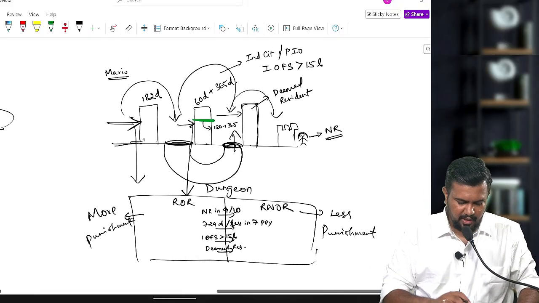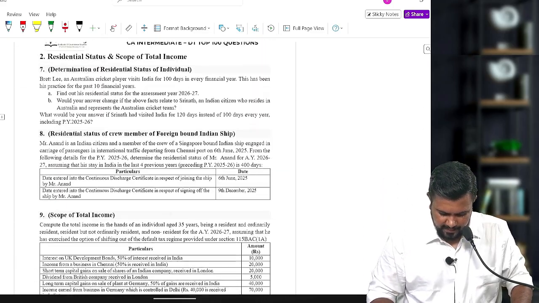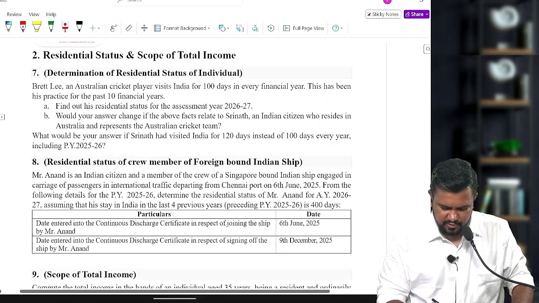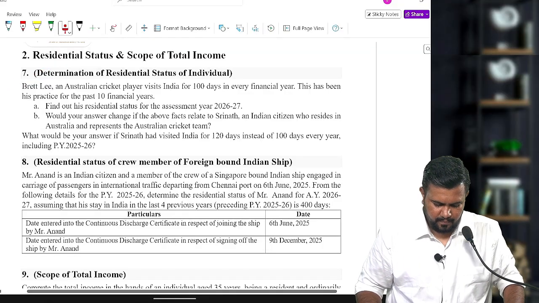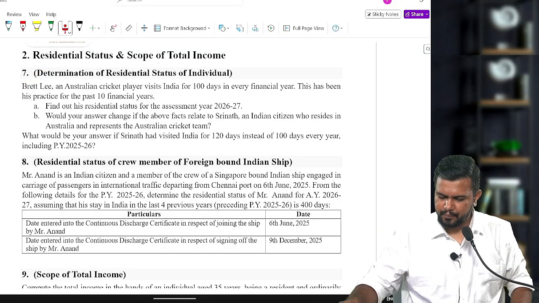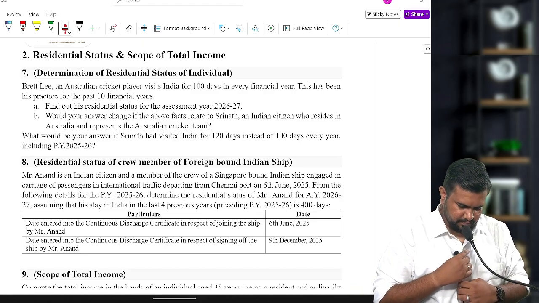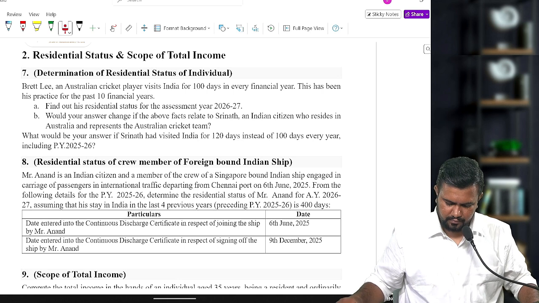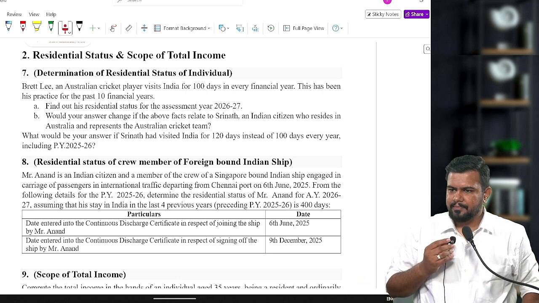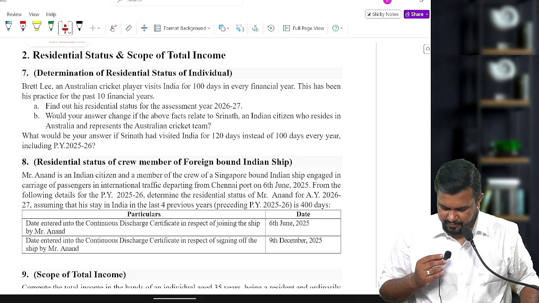You have the DT Top 100 book, no? In this residential status, solve the first question. Be quick. If you solve the answer, that is enough.